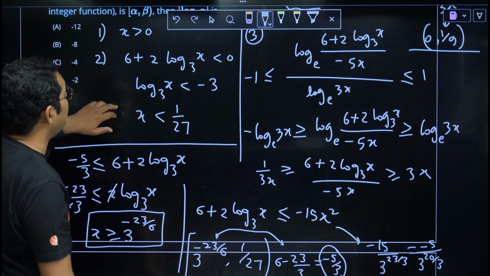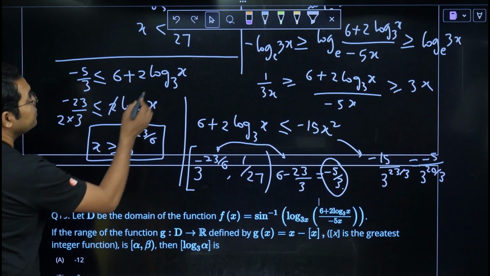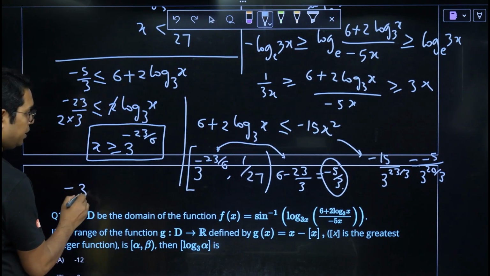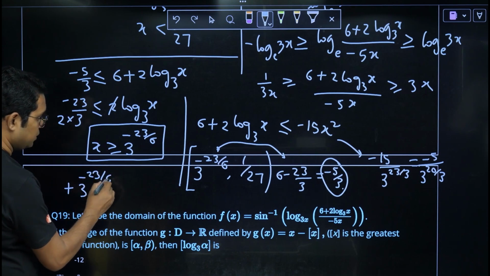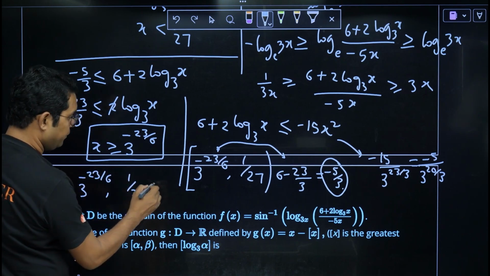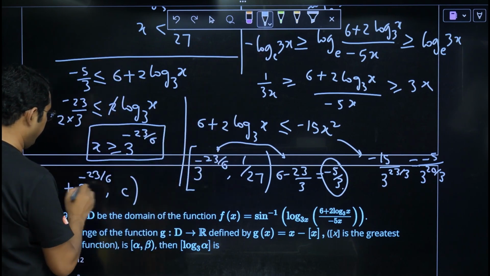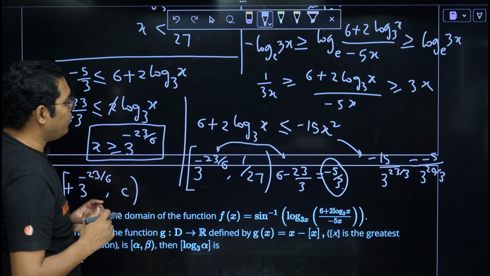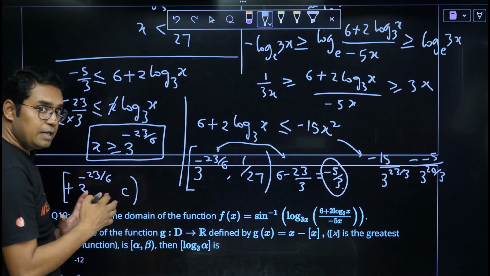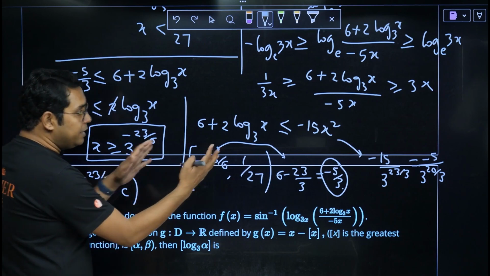So my solution will be 3 raised to the power 23 by 6, comma, not 1 upon 27, actually some value C, where C is slightly smaller than 1 upon 27. Here C is less than 1 upon 27 because 1 upon 27 is not satisfying it. But the difference is not much.